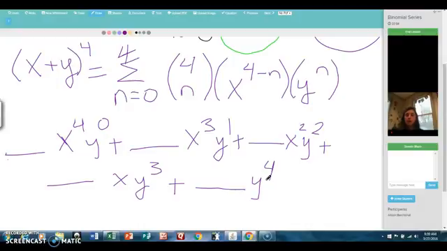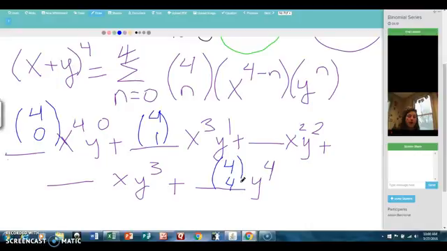Okay, so the numbers that we are going to put in each of these spaces are going to be what we get when we calculate the combinations. 4 choose 0, or over here this is going to be 4 choose 1, each time going up all the way till we get to the end where we're going to be doing 4 choose 4.